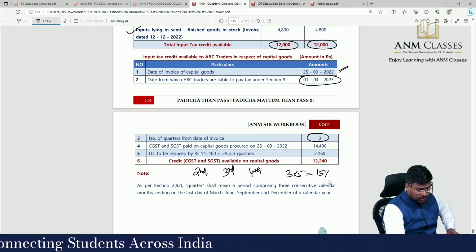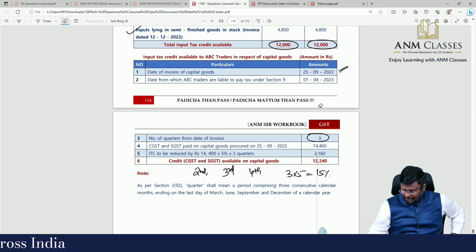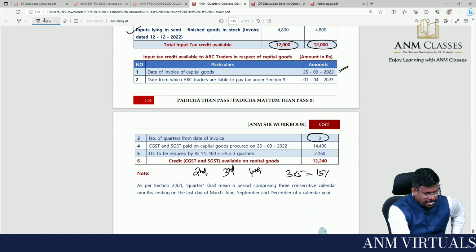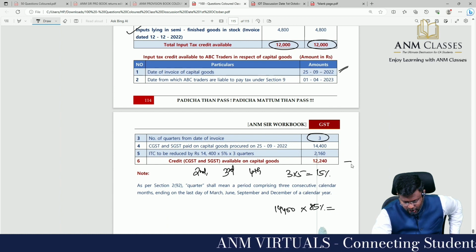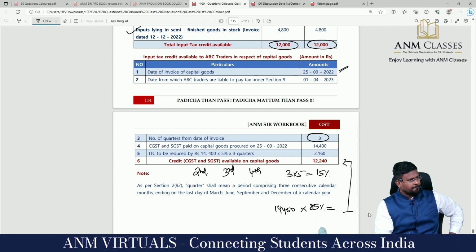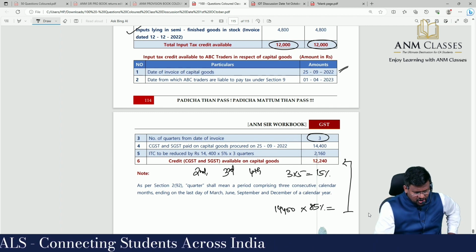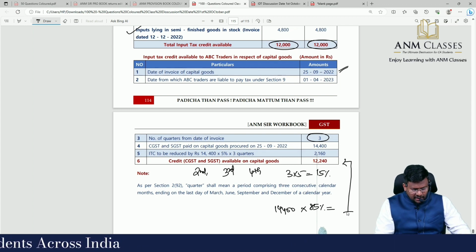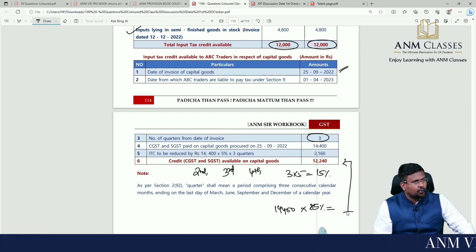Correct? What is the total credit on capital goods? 14,400 into 85% is eligible. And 15% is ineligible. Yes, sir. So, sir, 14,400 into 85% comes to 12,240 is the eligible ITC on account of, as per section 2 subsection 92, quarter shall mean a period comprising 3 consecutive calendar months ending on the last day of March, June, September and December of calendar year. அழகா புரியுறதா?